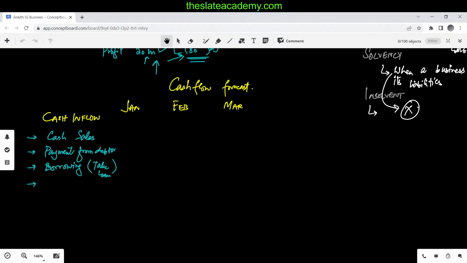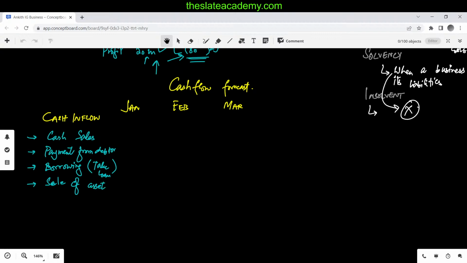If you sell any of your assets, for example, we studied that for internal financing, one of the possibilities is that a business sells one of its existing assets, or an asset has reached its useful life and is no longer being used in production or for whatever purpose it was initially bought, it's just lying around idle. So it's better to sell it. So if you sell any asset, that will also generate cash inflow for the business.